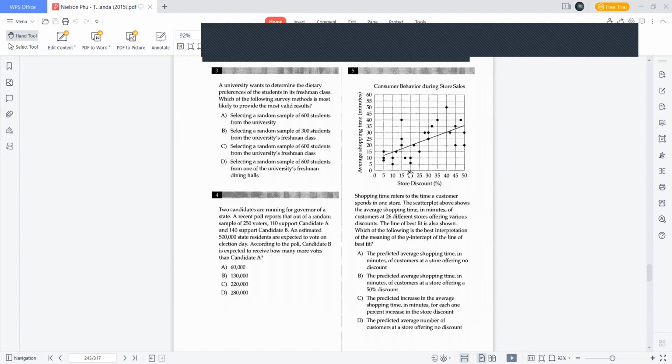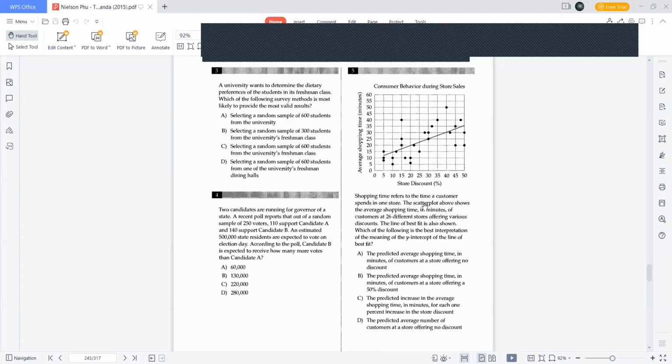So at 0% discount, the average shopping time will be 7.5. A says the predicted average shopping time in minutes of customers at a store with no discount. So A is the answer. You were correct, person who said A.